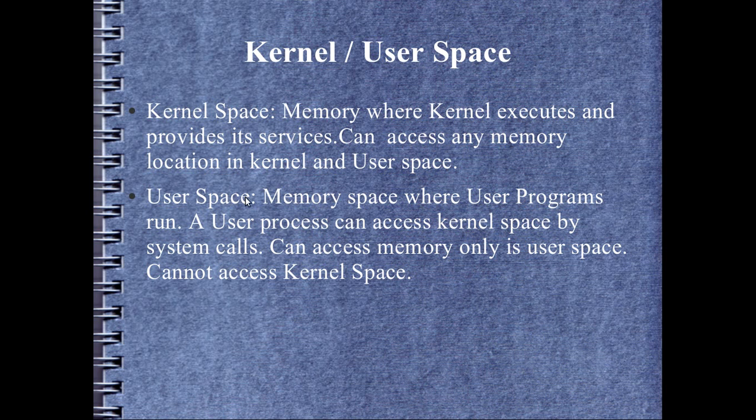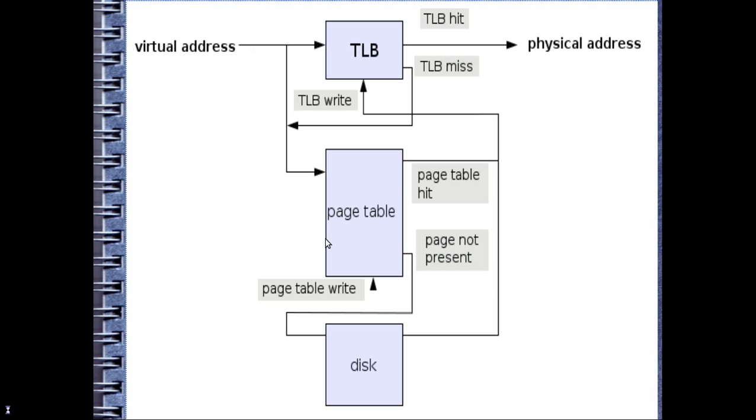If it wants to interact with the kernel, it makes use of system calls, and then it can access something in kernel space. So a user process can ask kernel space about anything that it needs to know in terms of system calls.